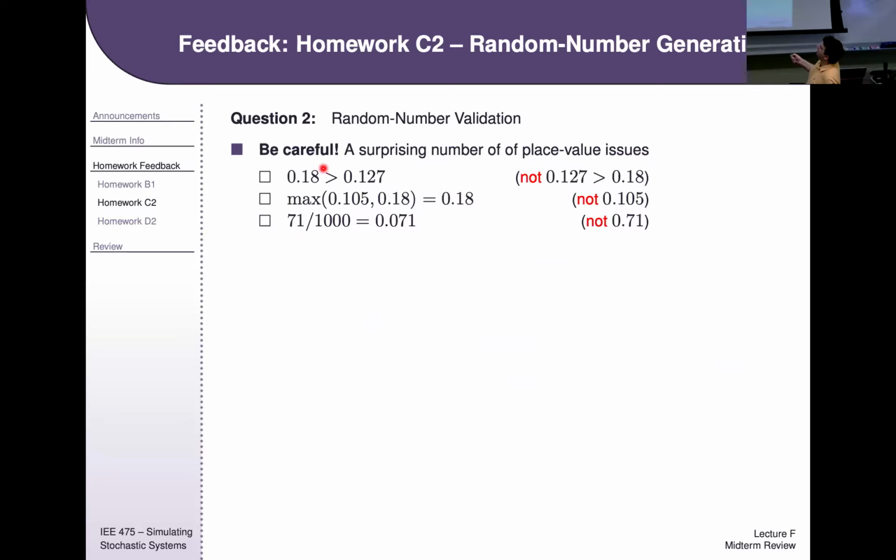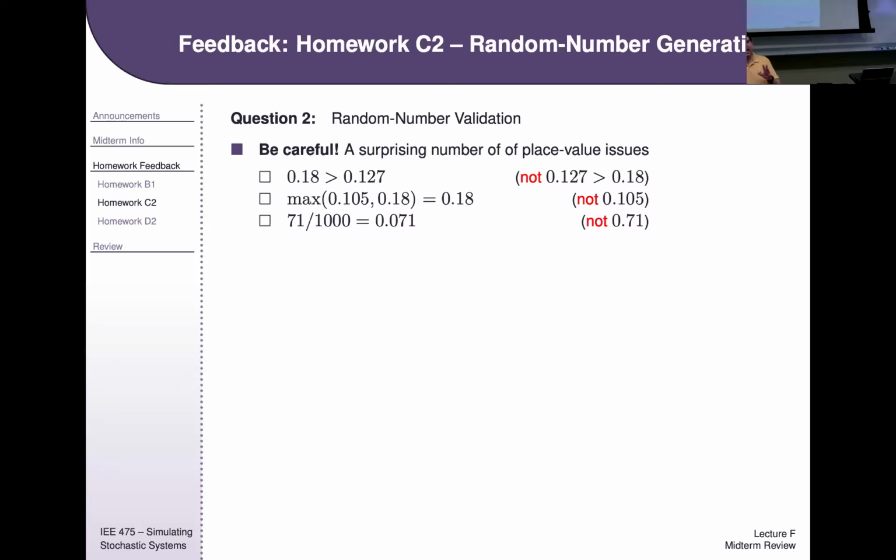The other thing, just because at this point you may not have to do a lot of numbers, there's a lot of weird numerical glitches that come up here. A common one is realizing that 0.18 is greater than 0.127. In the heat of the moment, you might flip that. So just remember your places.